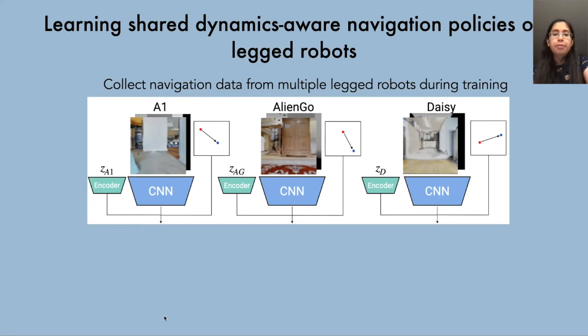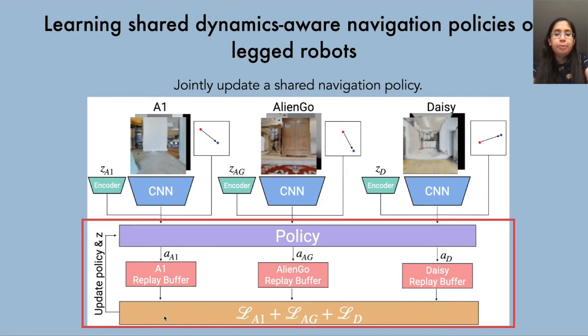First, we propose an off-policy training approach in which we collect navigation data from multiple legged robots, A1, Aliengo, and Daisy, during training. Next, the data collected from all three robots is collected into a replay buffer, which then calculates a joint loss used for updating the shared navigation policy.